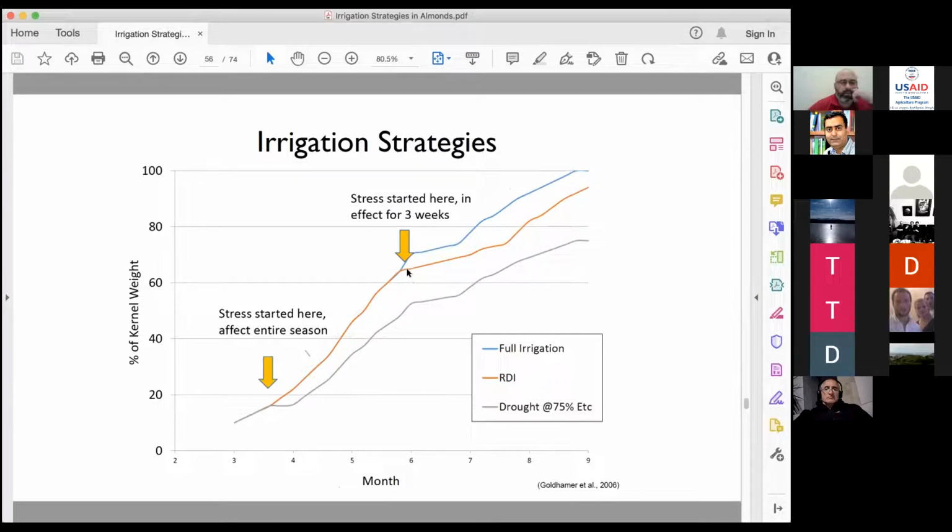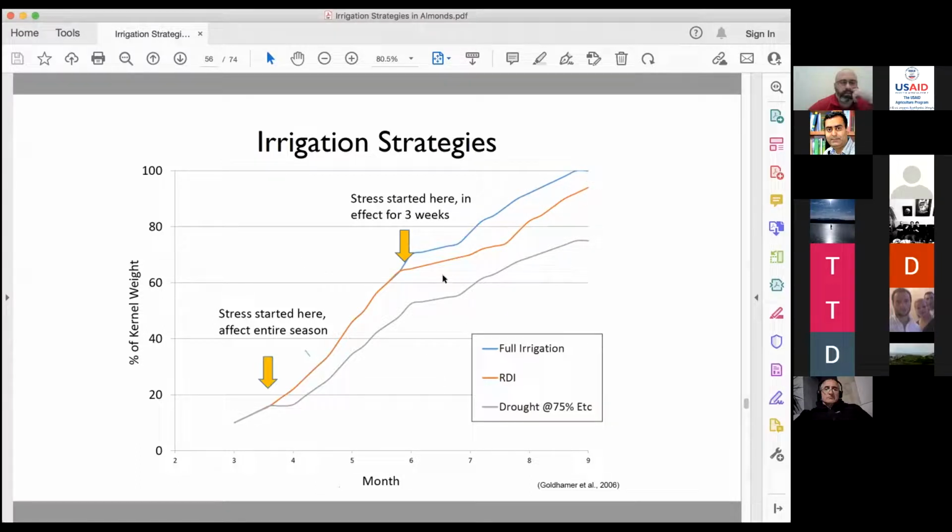So another scenario that you could do is basically apply the reduced amount of water right around here, right before hull split, and then for a couple of weeks you do not apply water, or you apply less water, or reduce 25 to 50% water, and then apply 100% water after hull split, and that will be even closely matching the full yield potential.